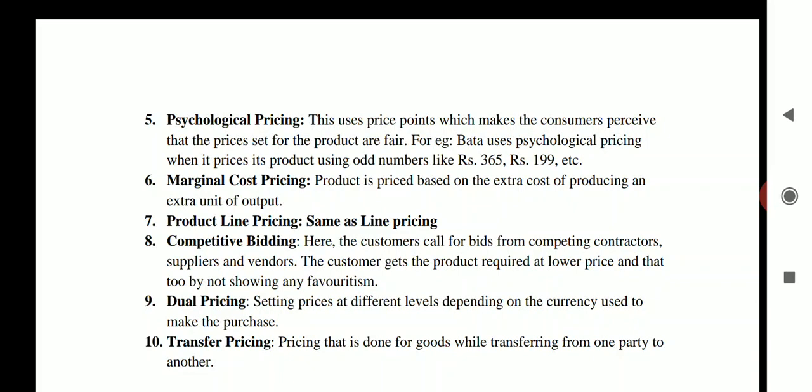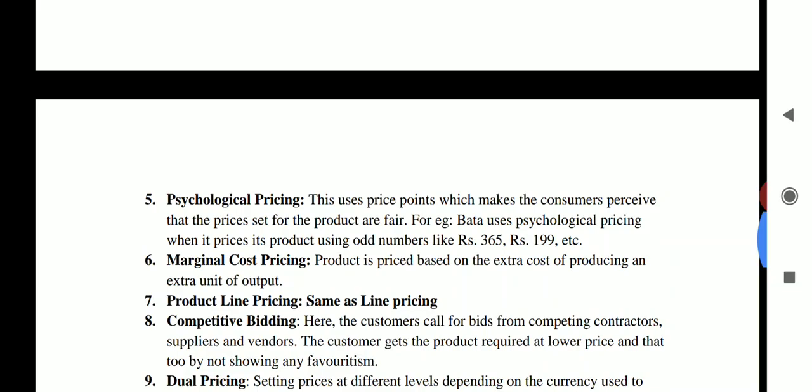When such selling takes place between different departments in the same firm, they sell these finished or unfinished products to each other at a price which is known as transfer price. So this is the kind of pricing that is followed inside a company, transfer pricing.